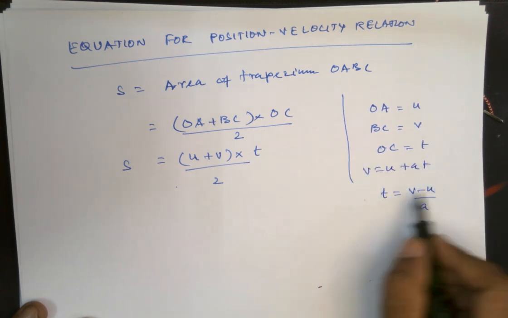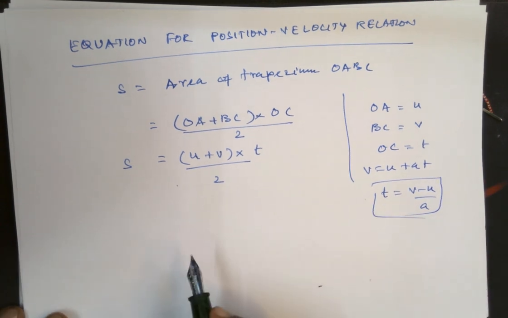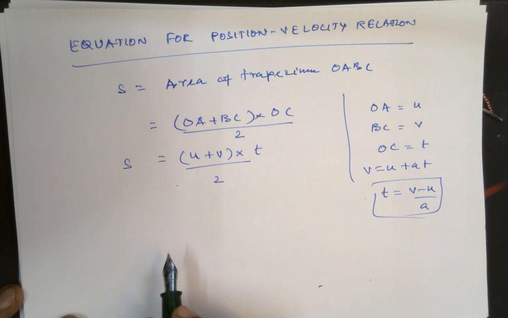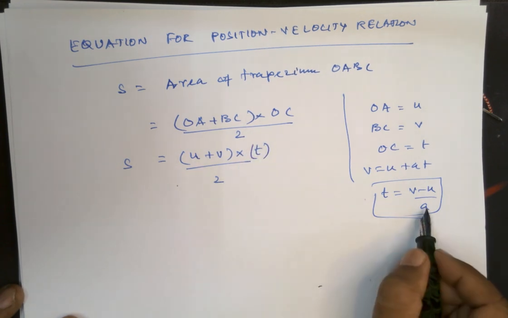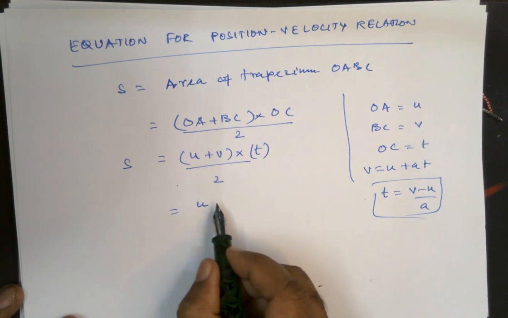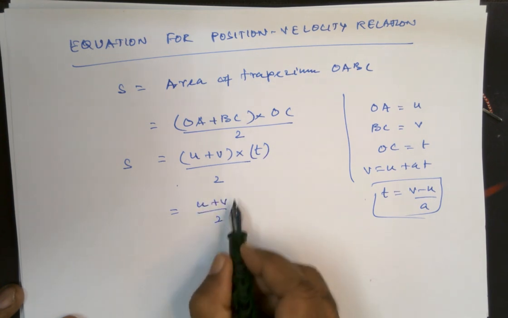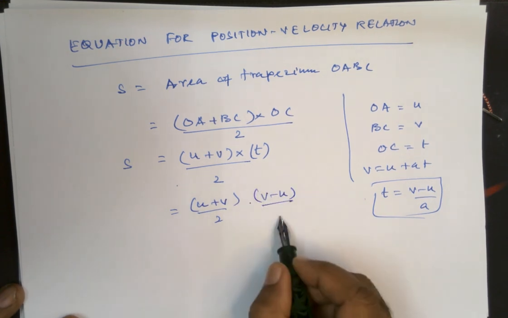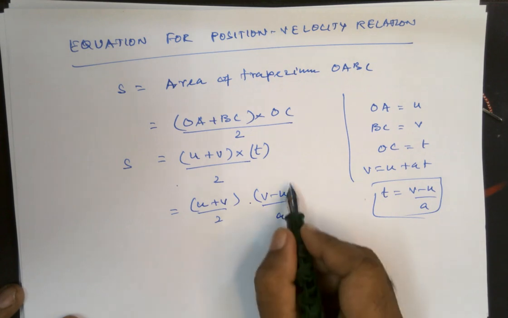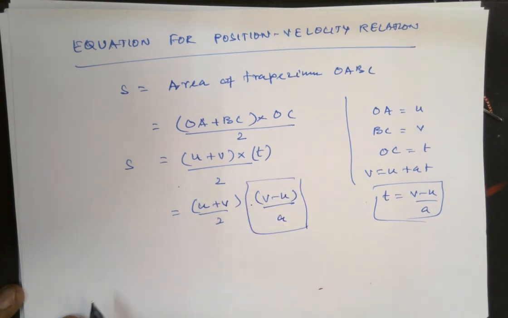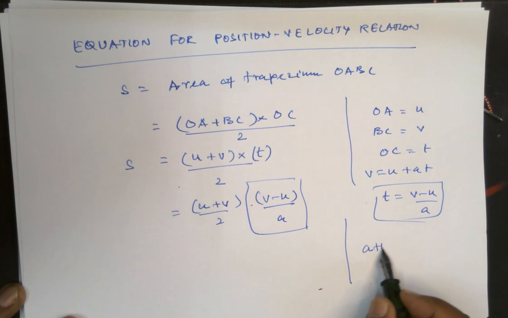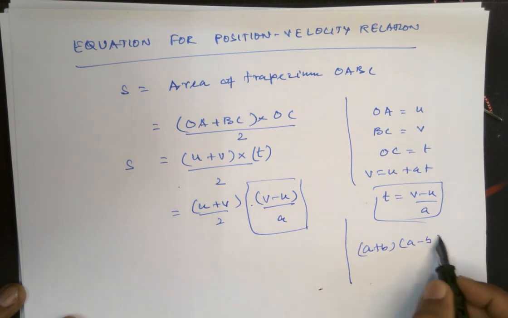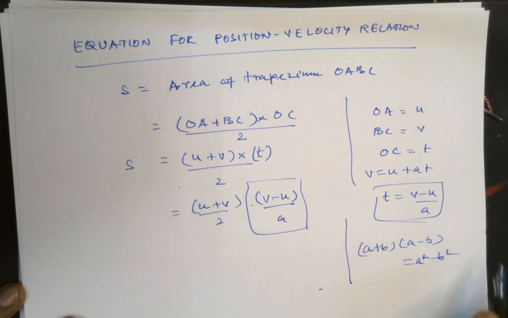From this we can rearrange: T is equal to V minus U divided by A. So we can substitute this T. Therefore U plus V divided by 2 into V minus U divided by A. We know the formula, A plus B into A minus B is equal to A squared minus B squared.